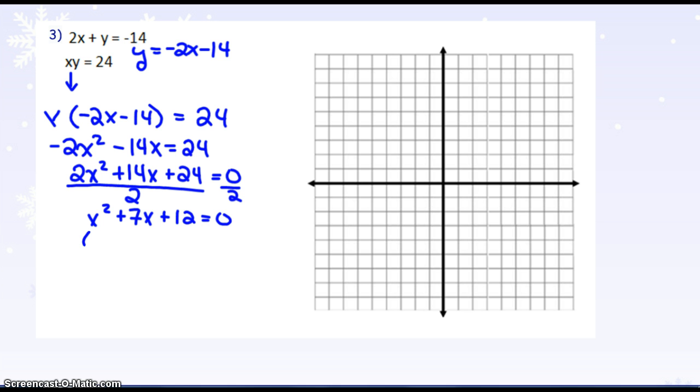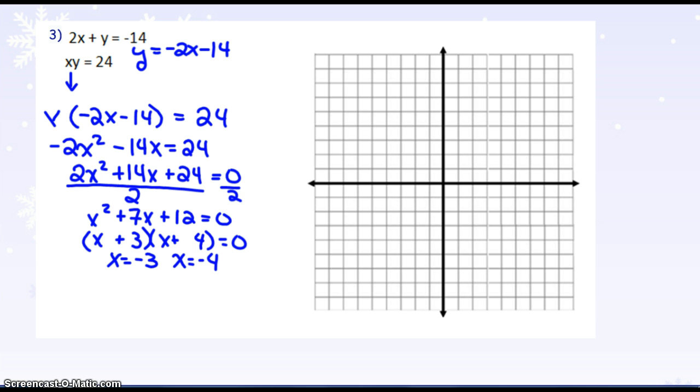This one factors very nicely, I think. So you'll have x and x, 3 and 4. And you will do plus and plus. So x equals -3, x equals -4.